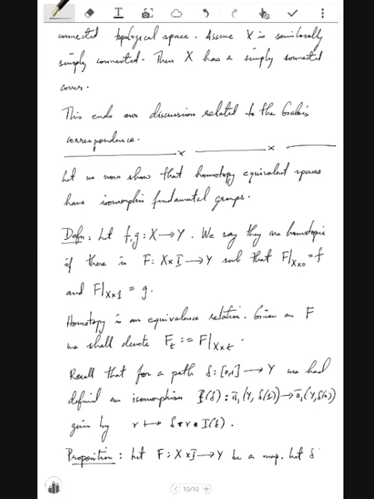Let delta of t be the path F sub t of x naught, which is equal to F of x naught comma t. Then the following diagram commutes.